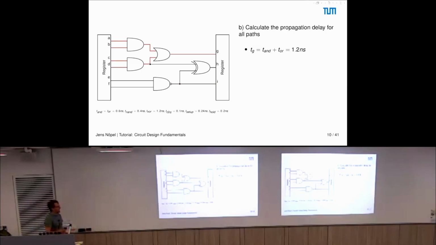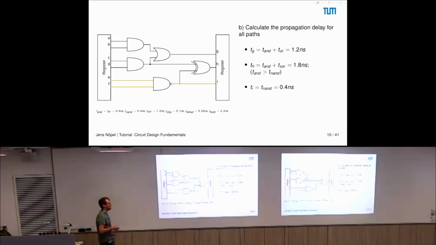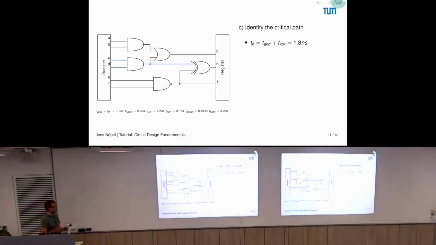So for G, H, and I, it led us to those three results. So what you can see here is one of those has the longest delay, which in this case is TH. So this means that the critical path of those three is TH.